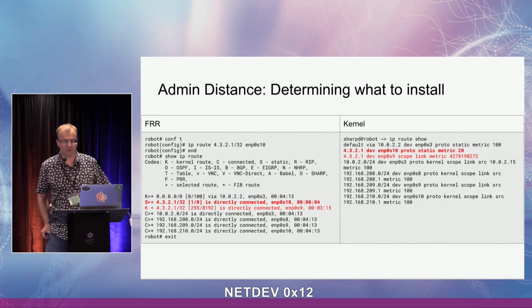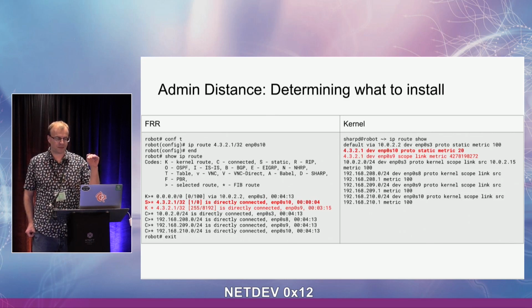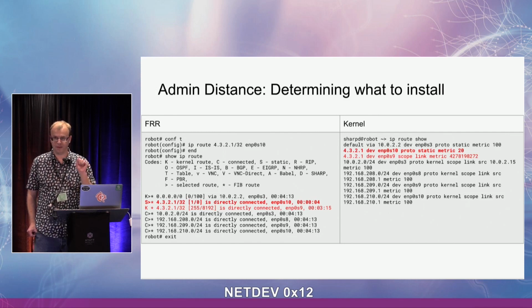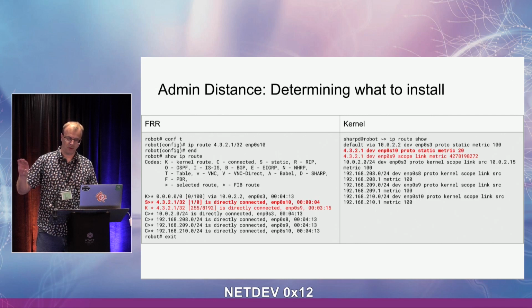And in Zebra, if I enter an ip route 4.3.2.1/32 going out interface enp0s10, that creates a static route in Zebra. So Zebra at that point in time makes a decision that the static route has a better admin distance, and it selects it. And you can tell that by the greater than symbol. That says that Zebra's decided that that's the one we want to use. And on the right-hand side is the kernel, showing what the output of ip route show is.